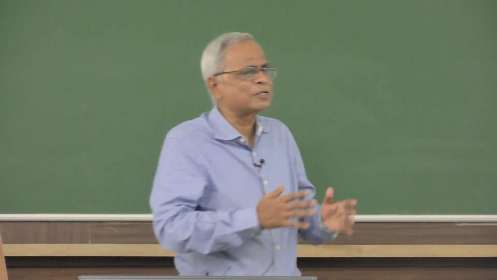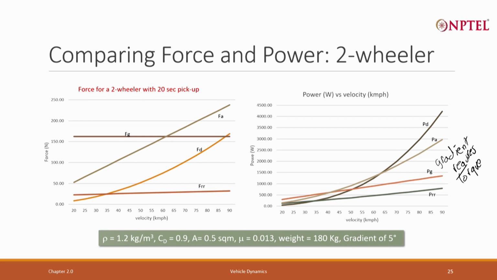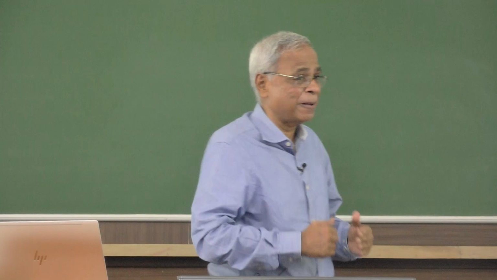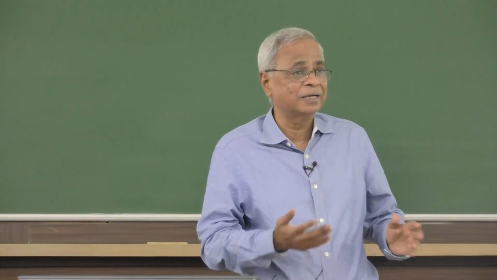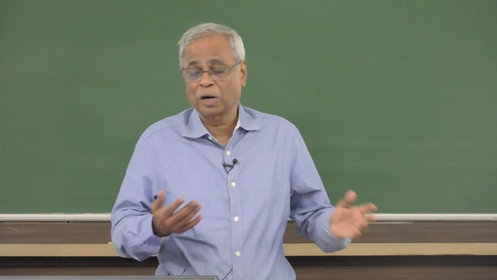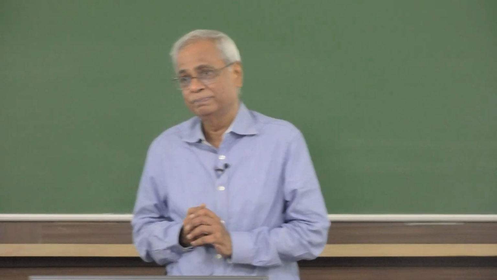So, this is what a two wheeler requires, and this is of course slightly low end, slightly low weight. It is 200 kilogram including passengers. There are 250 and 300 kilogram vehicles, where the appropriate force required will go up.